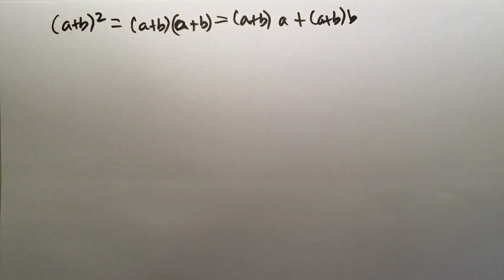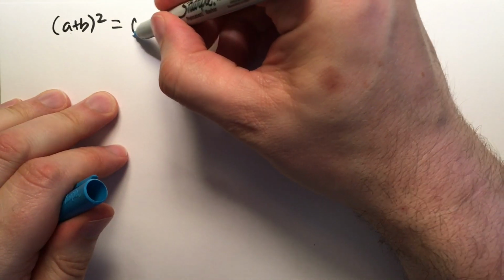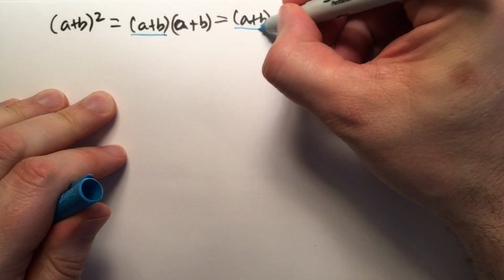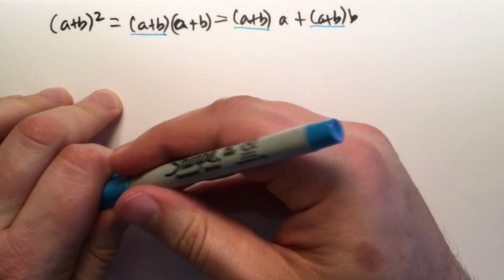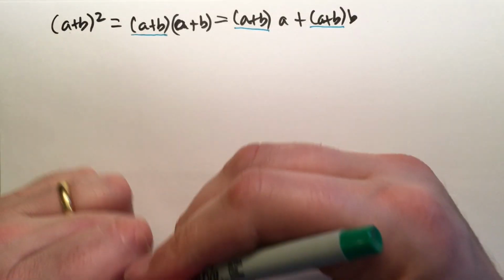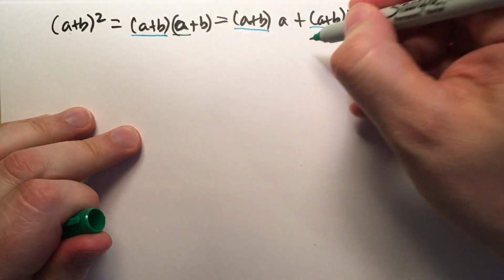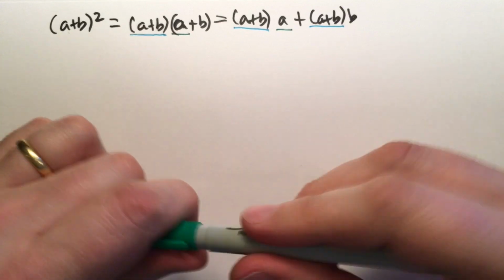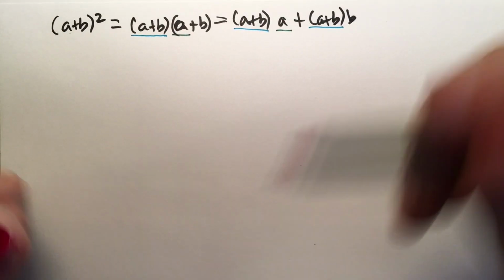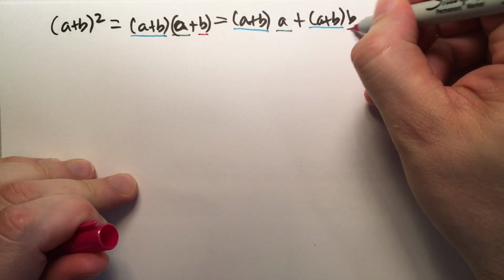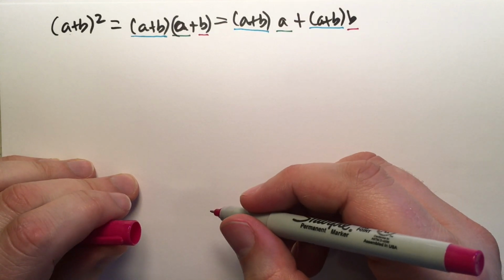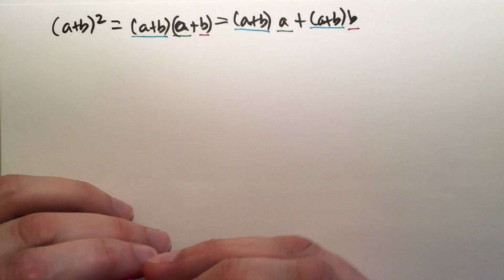So let me spell out for you the colors here, what's going on. This thing is going here and here. And this thing ends up here. And this thing ends up here. Does that make sense? All right, let's continue.